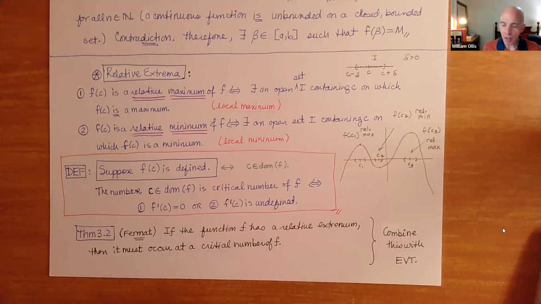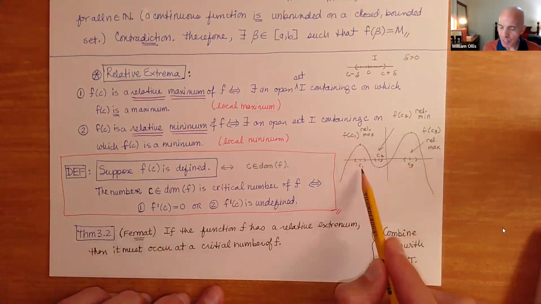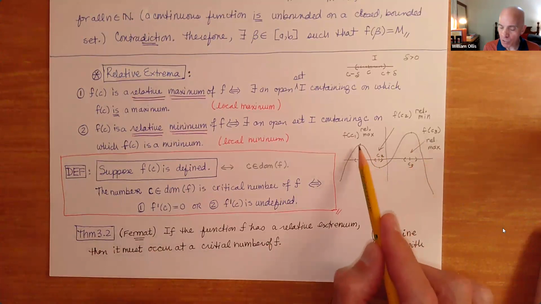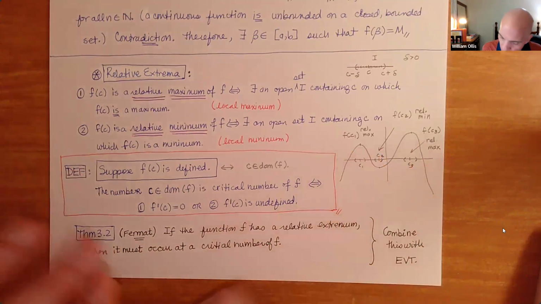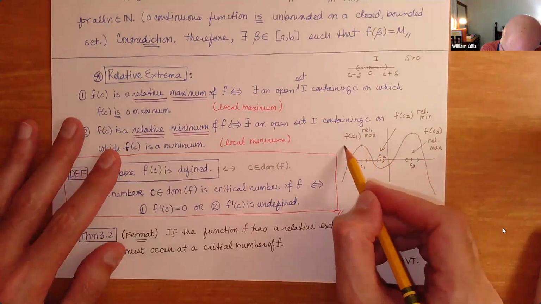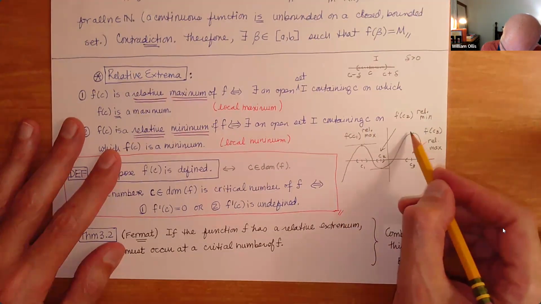So when we think about something like this, the c1 is a critical number, at least intuitively, because it defines a horizontal tangent. So when you think of the tangent line here, you think horizontal, horizontal, horizontal.